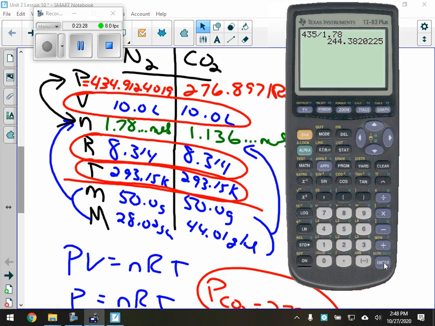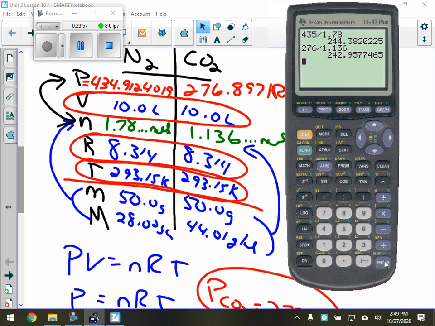Pay attention. 276 divided by 1.136 is about the same. Actually, I should have gone to 277, shouldn't I? I should have rounded that up. But basically those numbers are going to be identical if I used unrounded numbers.